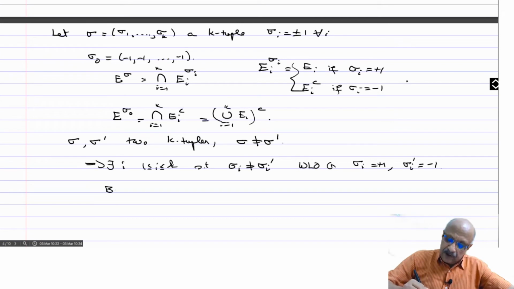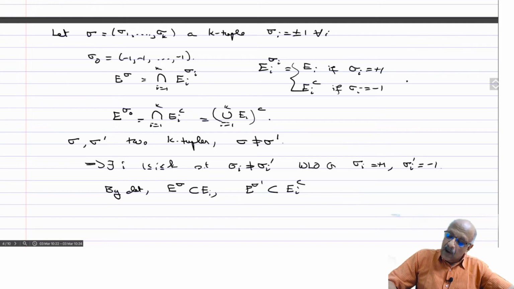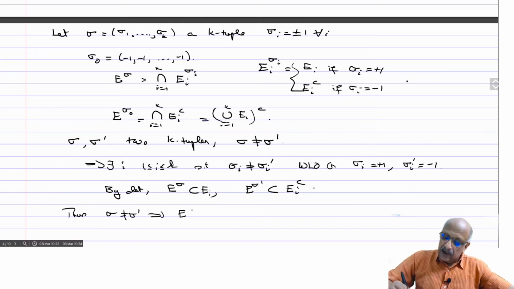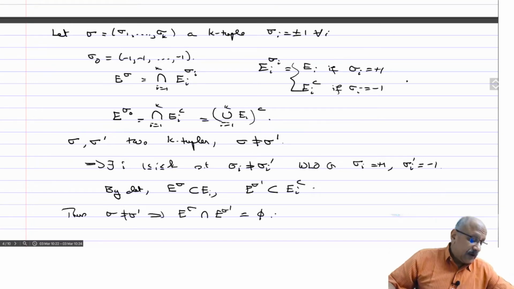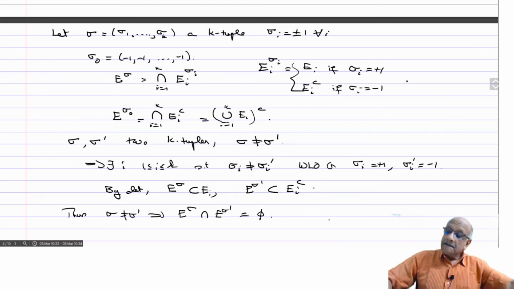Then by definition E sigma is contained in Ei and E sigma dash is contained in Ei complement. So sigma not equal to sigma dash implies E sigma intersection E sigma dash is empty. So they are always disjoint.